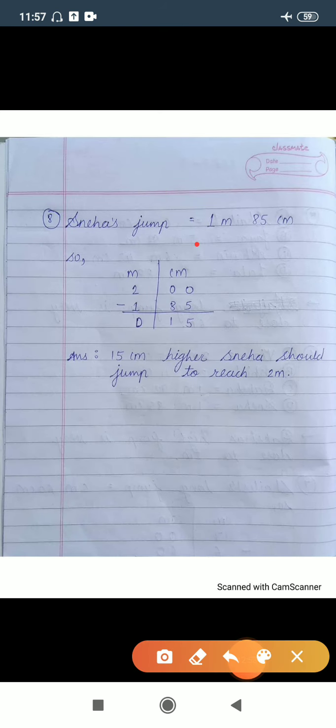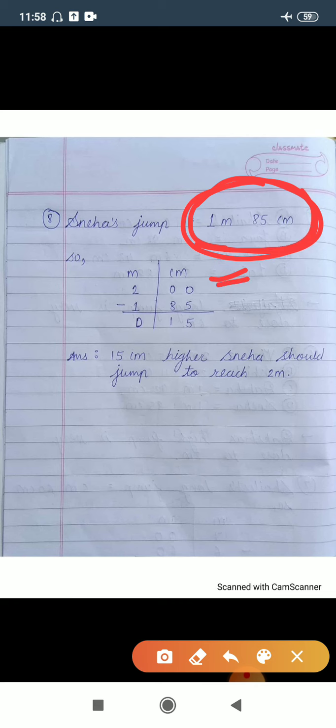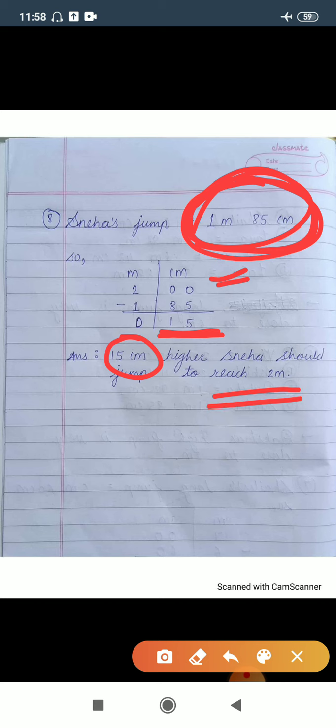Sneha's jump is 1 meter 85 centimeter and the given figure is 2 meter. That means she needs to reach 2 meter. So let's find out how much more she needs to jump. So 2 meter minus 1 meter 85 centimeter. So the difference is 15 centimeter. So she needs to go higher by 15 centimeter to reach 2 meter.